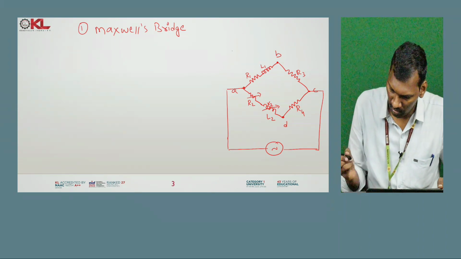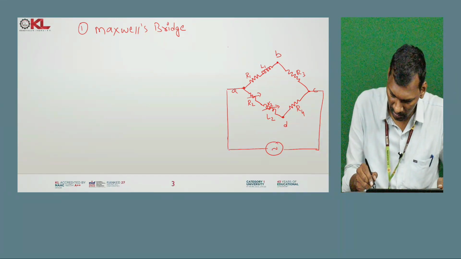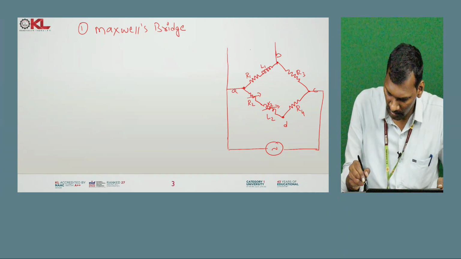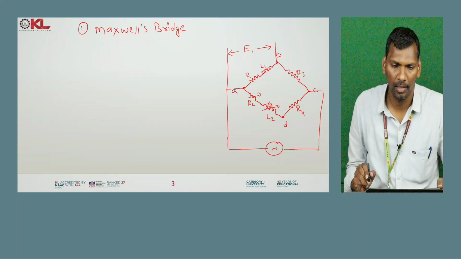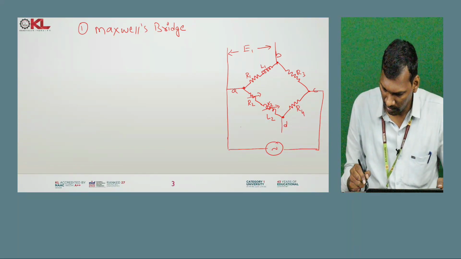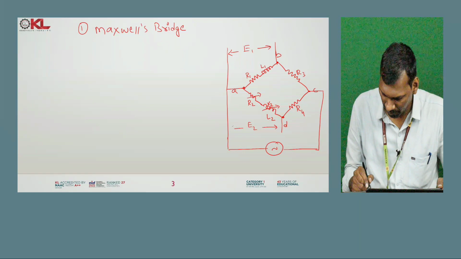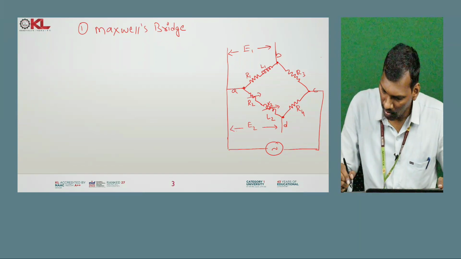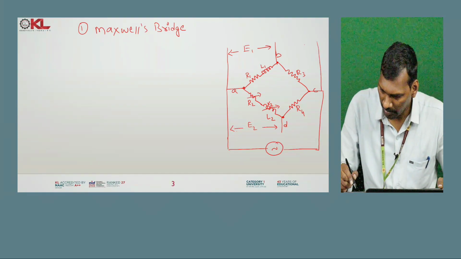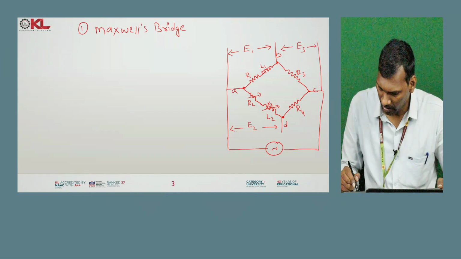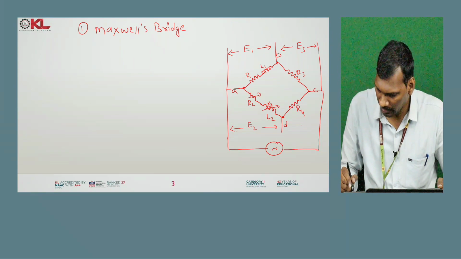Now the voltage across the terminals B and C is, let us consider it as E1, and the voltage across the terminals A and D is E2, and the voltage across the terminals B and C is E3, and between these C and D is E4.